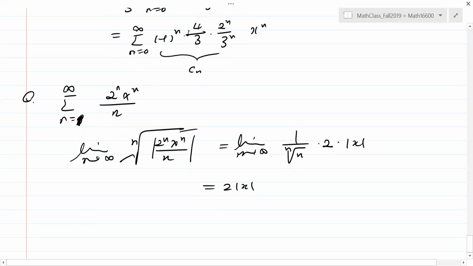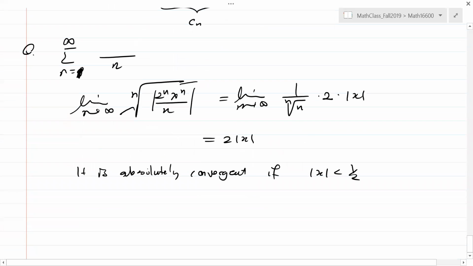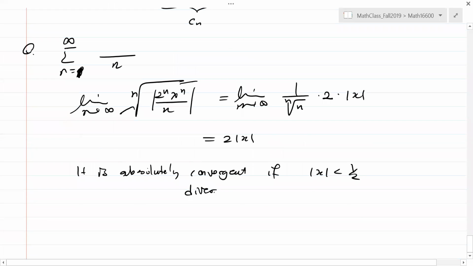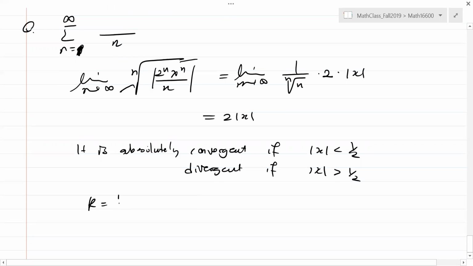So it is absolutely convergent if absolute x is less than 1/2, and divergent if absolute x is greater than 1/2. So R equals 1/2 is the radius of convergence.